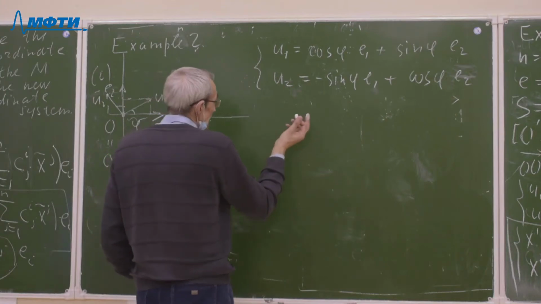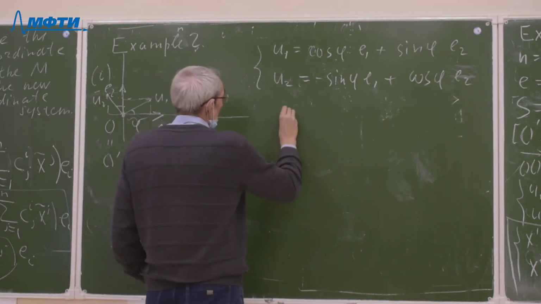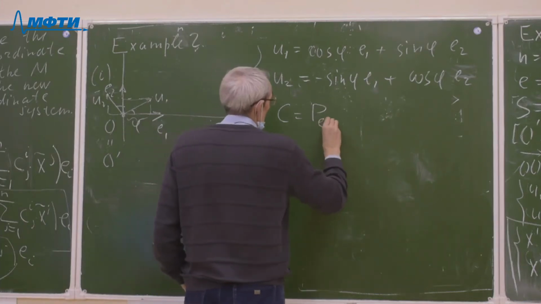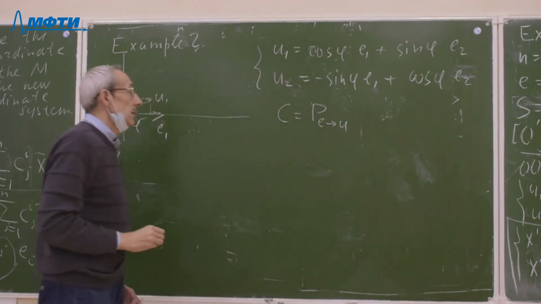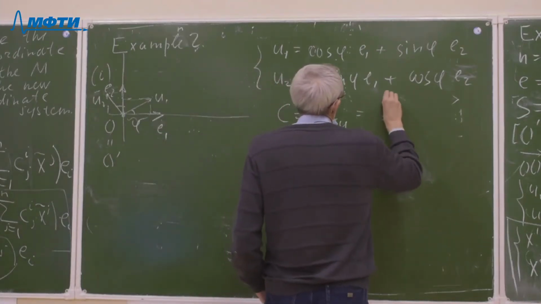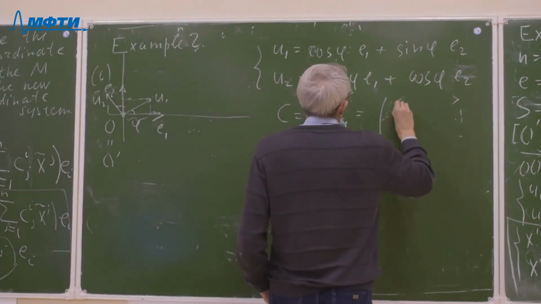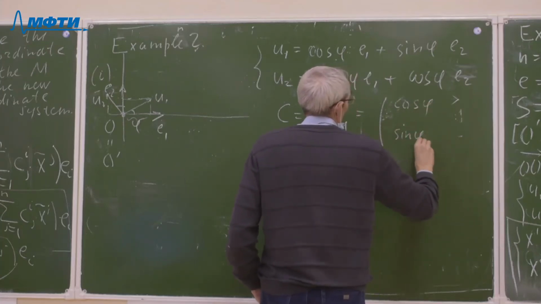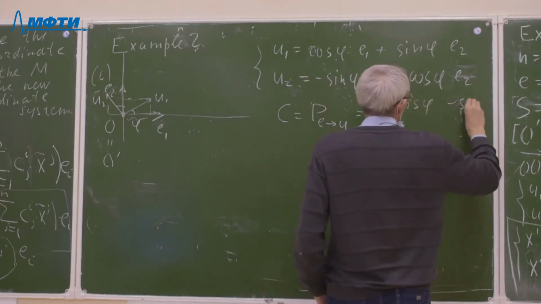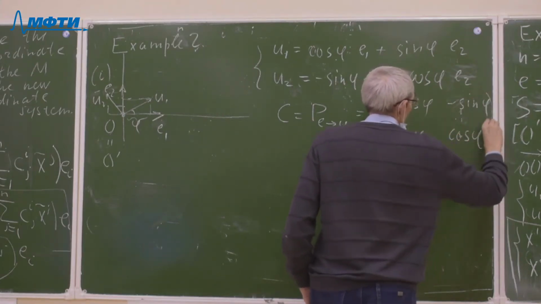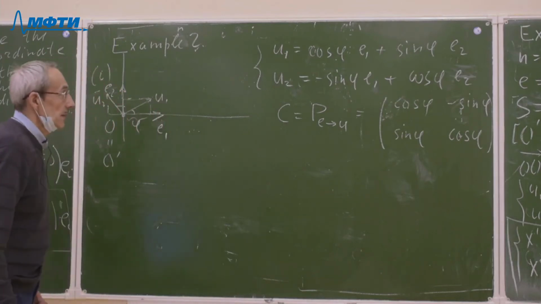In this case, the matrix C, the transition matrix from basis E to U, is equal to the following matrix.